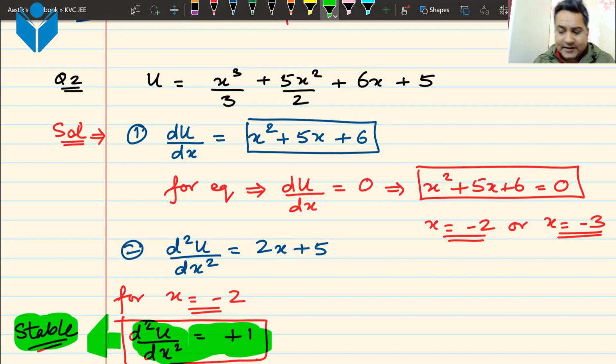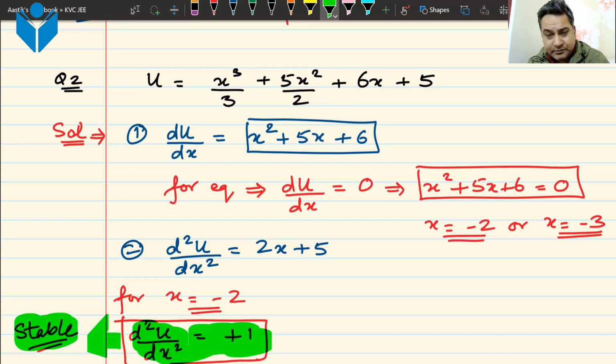Do I get this? Can I have some raise hand that you understand this? I don't have to solve the other part. See, we have to save time at the end of the day. Once we understand a concept, we don't have to do it. Once we know one of them is stable, the other one has to be unstable. We have to trust what we have learned so that we can save precious time, and that is going to matter in your exam.